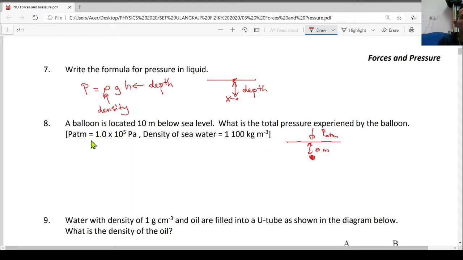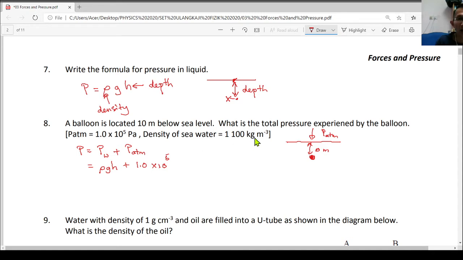Alright, so the total pressure at that point would be the pressure exerted by the water plus the pressure exerted by the atmosphere. So P of water is rho g h, right? And then plus P atmospheric is 1.0 times 10 to the power of 5 Pascal.